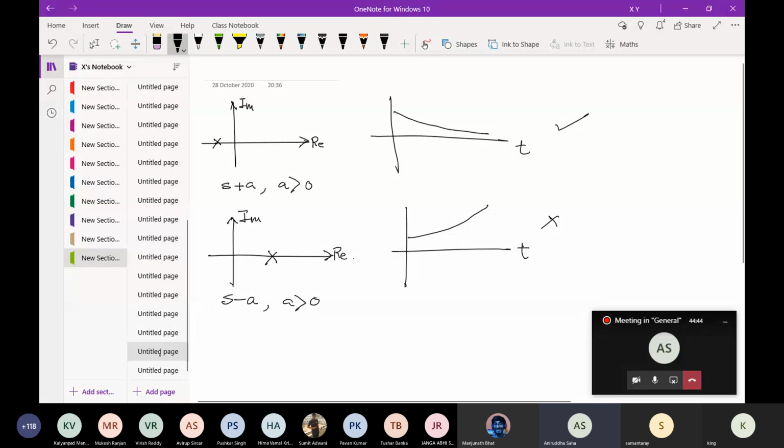Now, if it is 5 into s plus a or 500 into s plus a, we are not really bothered. Or even if it is minus 500 into s plus a, maybe it will start from here, but it is going to come down all the same. So this phase part is not going to come into picture here.